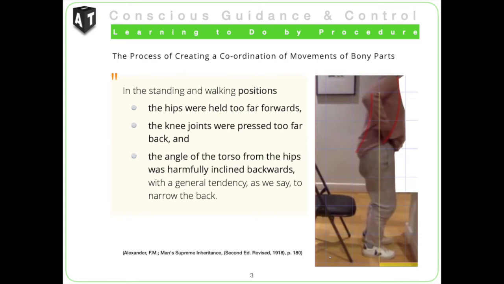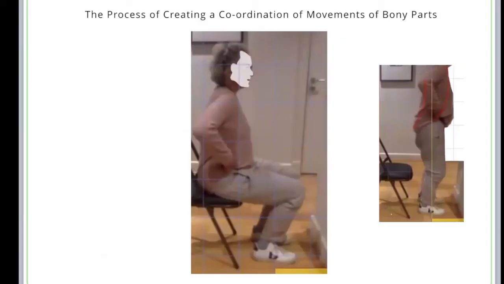It was the next lesson, not the lesson when these images were seen, but I started to discuss with the subject, with this teacher, what I could see when she was going to stand in her habitual manner. And so we see the first image here. You will see it's a bit repetitive, but I've put on the right side the result of the action of going from sitting to standing.